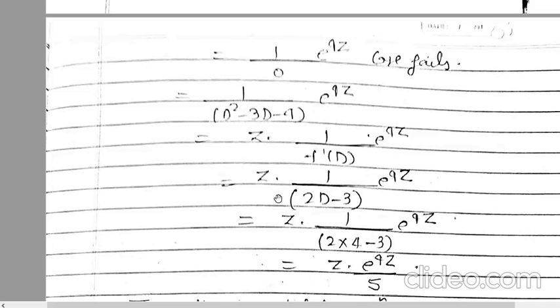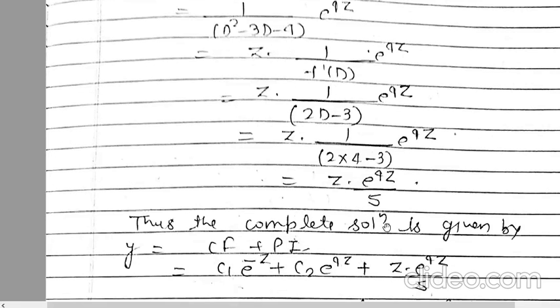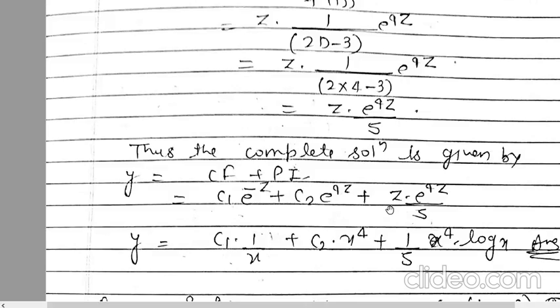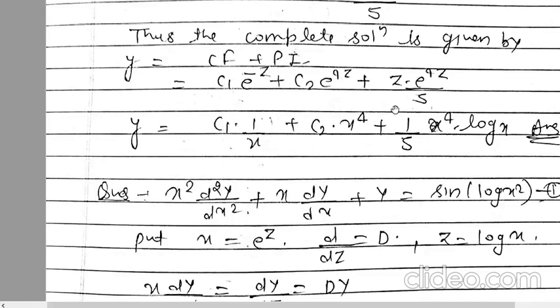So multiplying by z, and f dash D means D square differentiation 2D, minus 3D differentiation minus 3, e to the power 4z. Now you can put D is equal to 4 here. So you can see that our case is applicable. So z into e to the power 4z by 5. Thus the complete solution is y is equal to CF plus PI. So CF is this one, and PI also here.